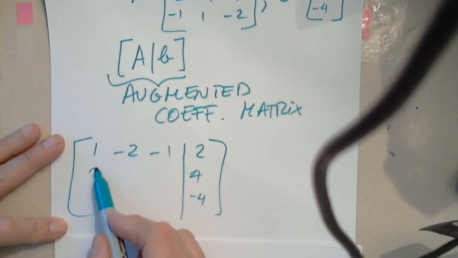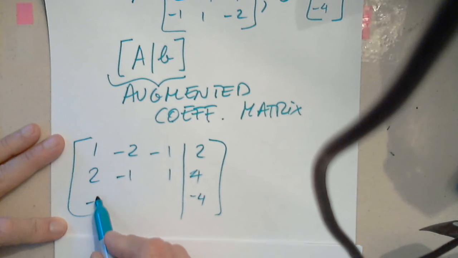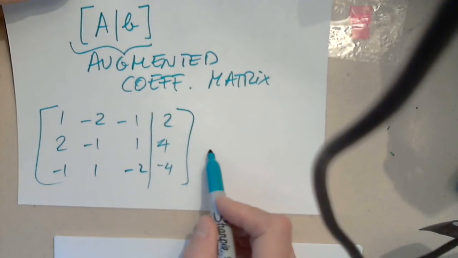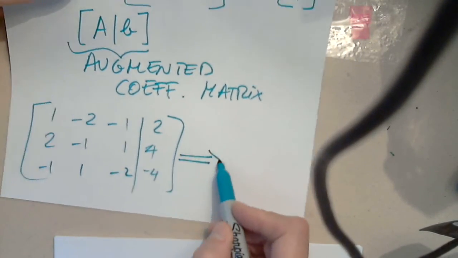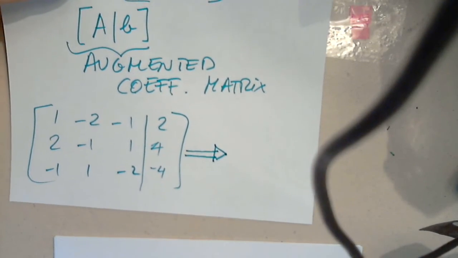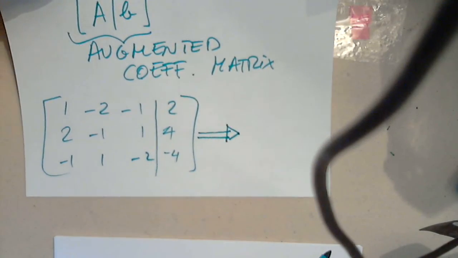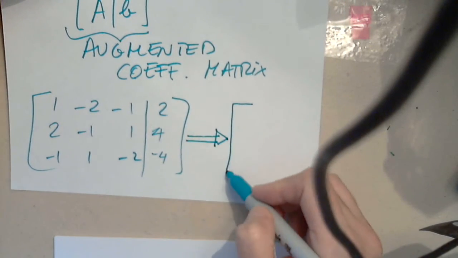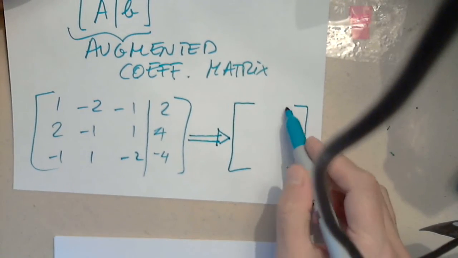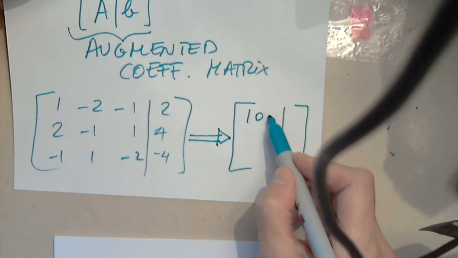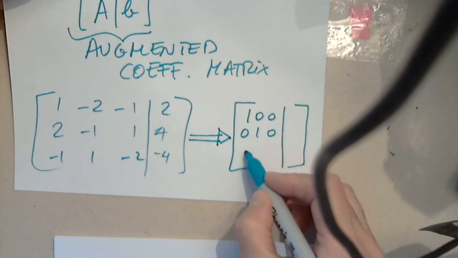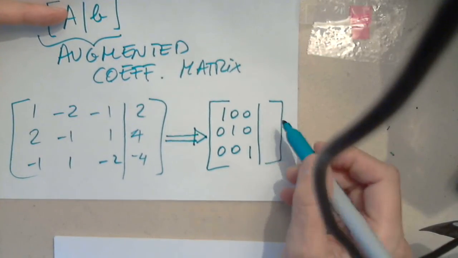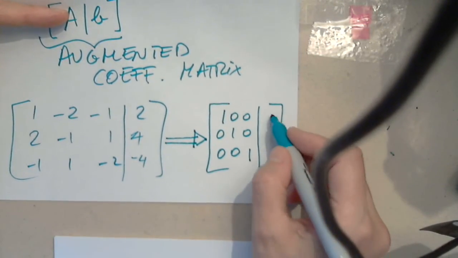We want this matrix. We will never be able to write the equal symbol here, only an arrow. They are not equal. I want to be able to change this matrix into something like this. And I'm just going to put some symbols here.